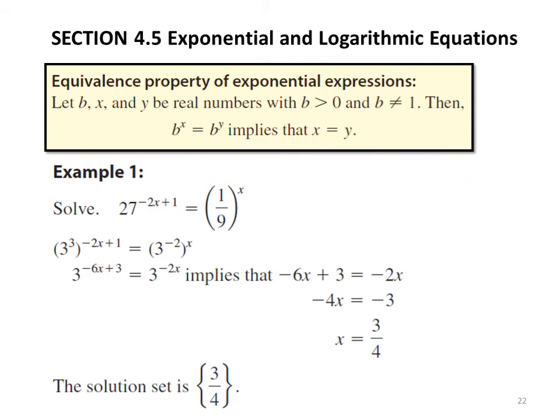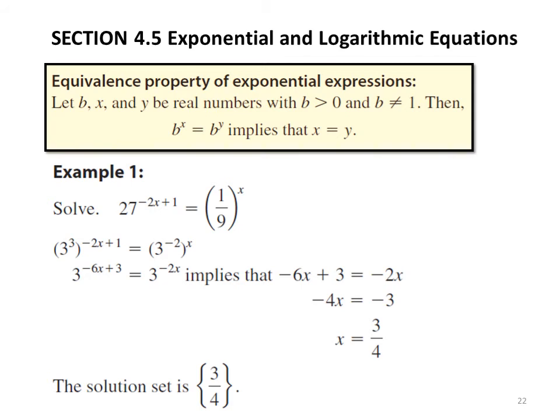Here we want to solve 27 raised to the power minus 2x plus 1 equals 1 over 9 raised to the power x. The trick is to write the left hand side and the right hand side as a power of some number, using the same base. 27 is just 3 cubed, and you have a 9 in the right hand side, which is just 3 squared, so clearly the common base will be 3.